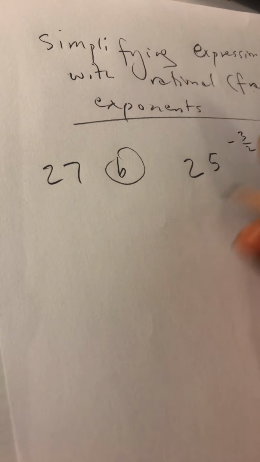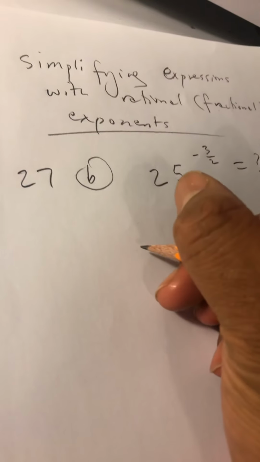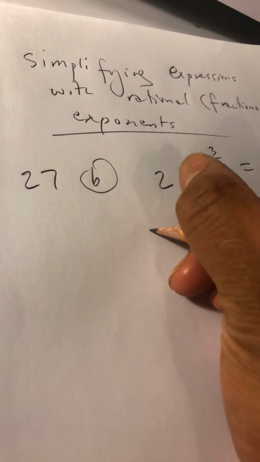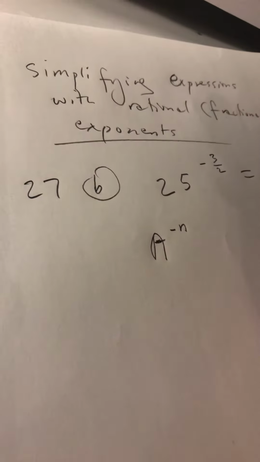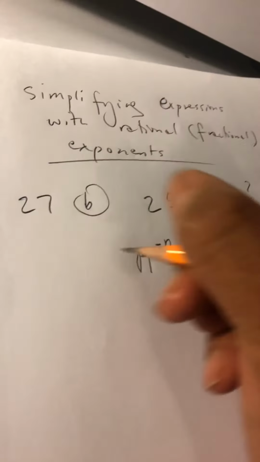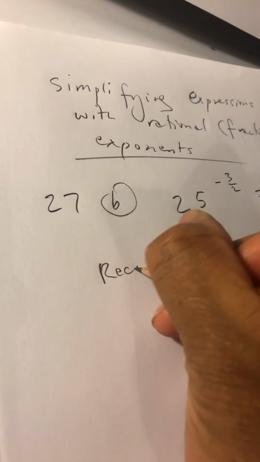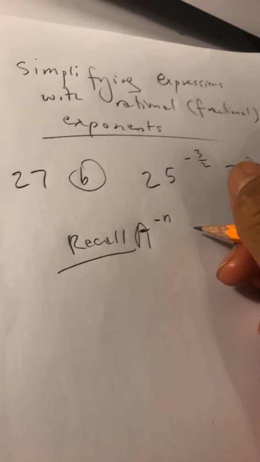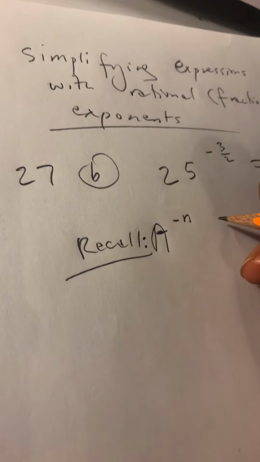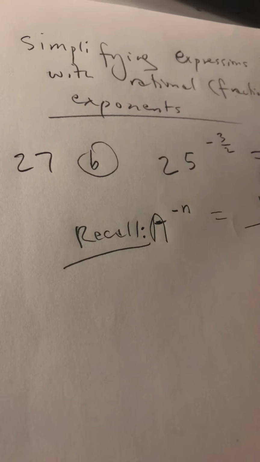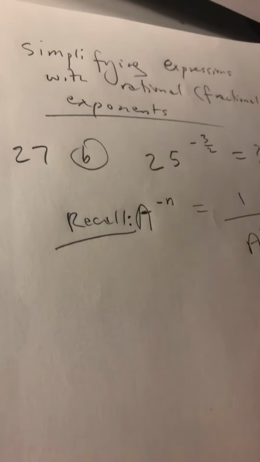Recall, we only did integer exponents before, but nothing says we can't use rational exponents. So remember, when we studied exponents, a to the negative n is just equal to 1 over a to the n, right?